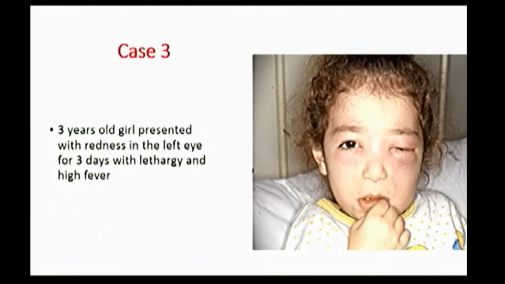What are the investigations that you will do for this patient to get to the diagnosis? Can we move?